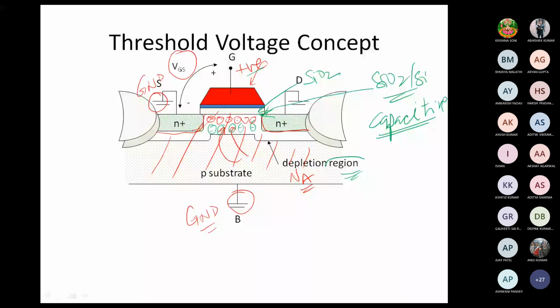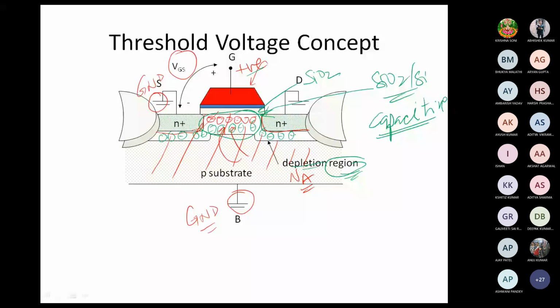What is the depletion region? In the depletion region, there are no mobile charge carriers which can contribute to the current, but there is negative charge due to the acceptor ions. So these are acceptor ions which are present here. Here also the acceptor ions are present, not being shown, but they are there.